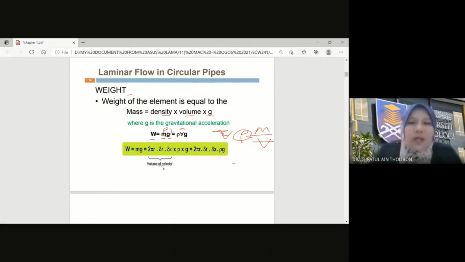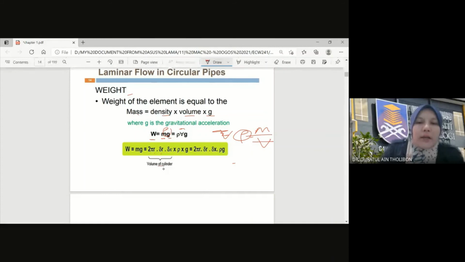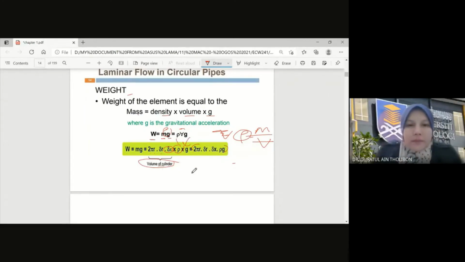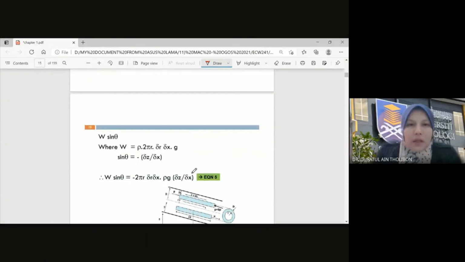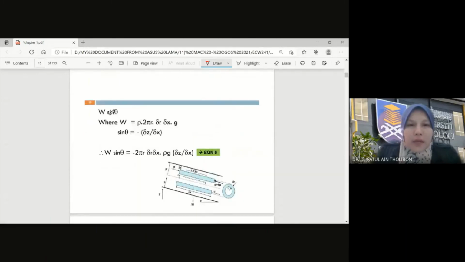So kita tahu volume of cylinder berapa? Dia punya formula, circular area pi r square times the dx. So that is the volume of cylinder, times the rho which remains here, g remains here. So kita simplify dapat this equation. And then we also have the component due to sin theta.